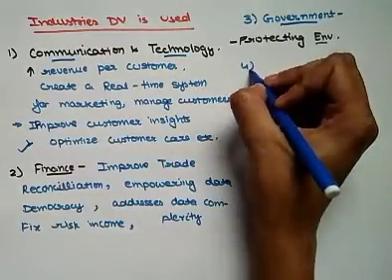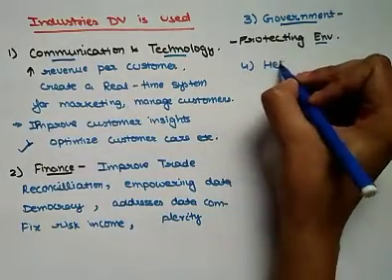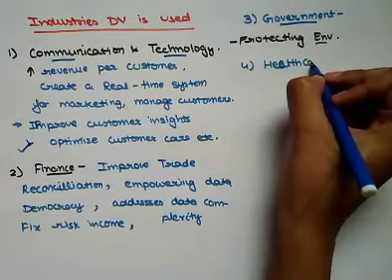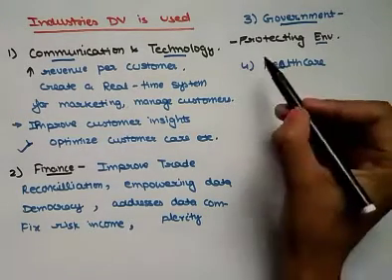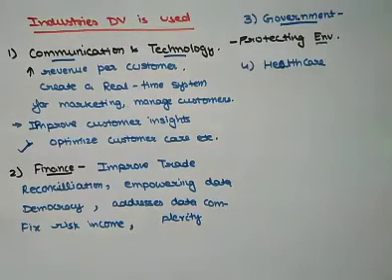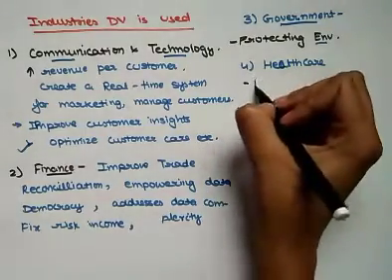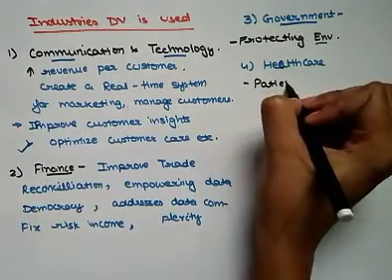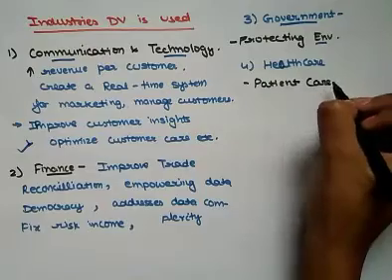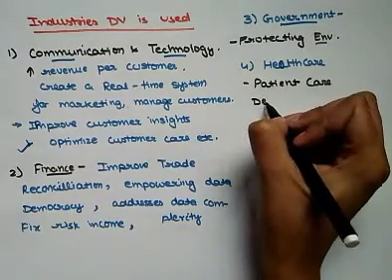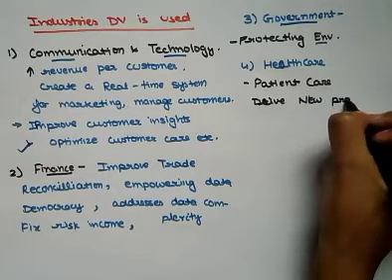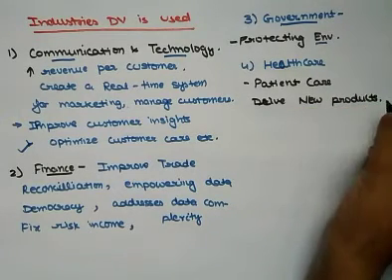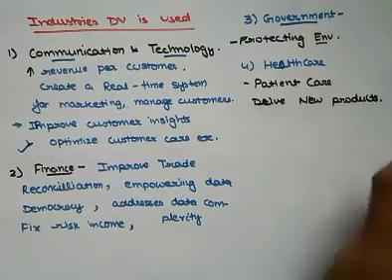The fourth point we have is healthcare. Okay, so data virtualization plays a very important role in the field of healthcare, right? Data virtualization helps to improve patient care. Also, it is used to drive new products and also for surgeries, etc.